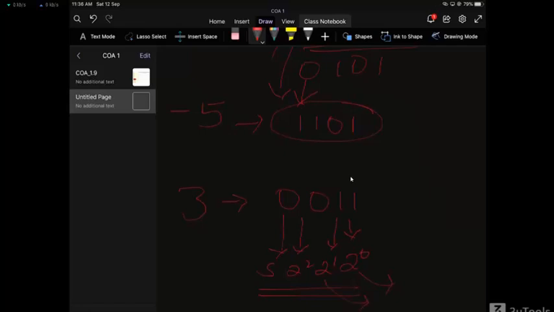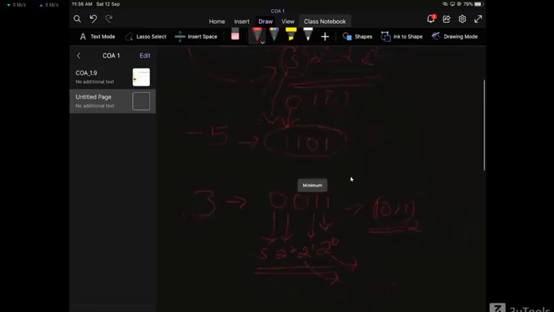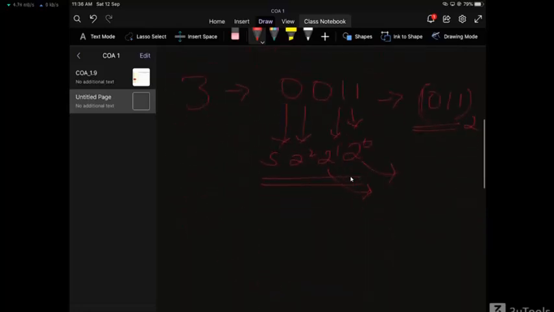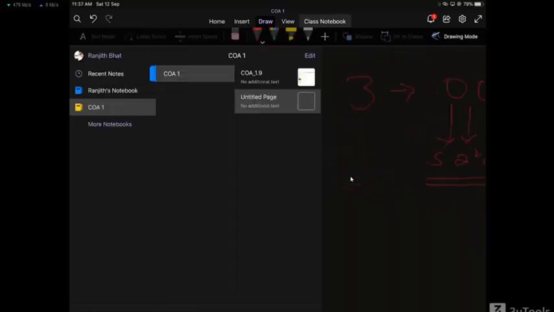So 2 to the power 0 is 1 and multiplied with 1, 2 to the power 1 is multiplied with 1, 2 to the power 2 is multiplied with 0, and the sign bit is 0. So this is what plus 3 looks like, and minus 3 magnitude will be represented as 1 0 1 1. This is how the magnitude of plus 3 and minus 3, or as a matter of fact plus n and minus n, looks like.